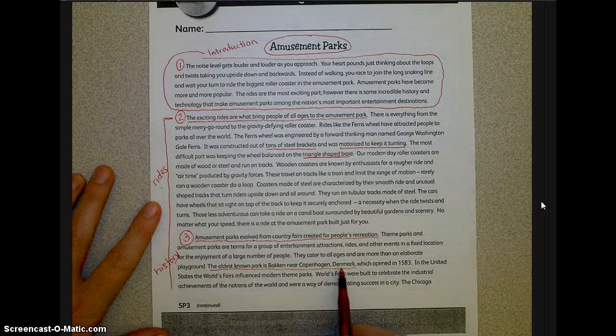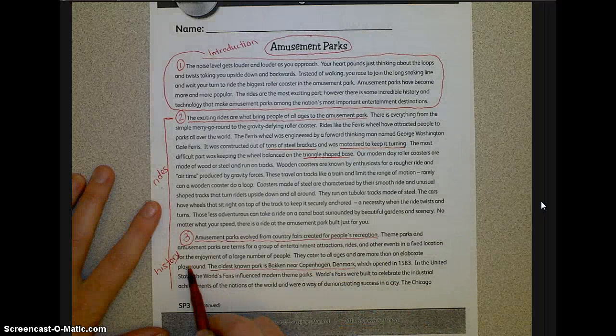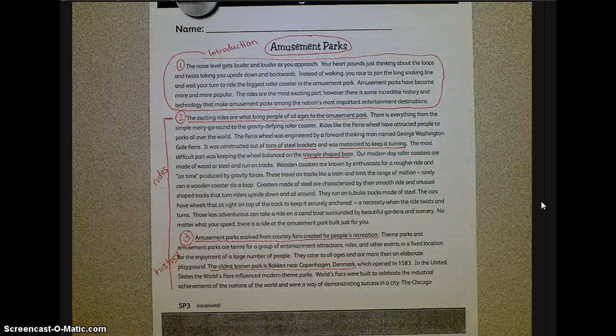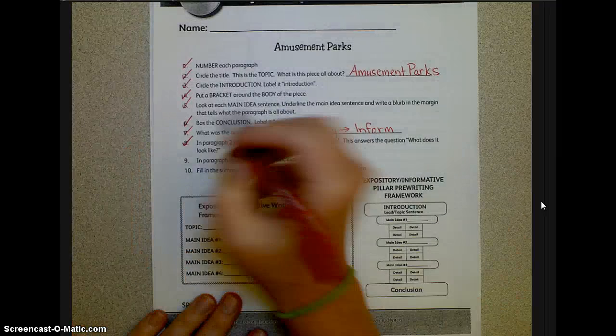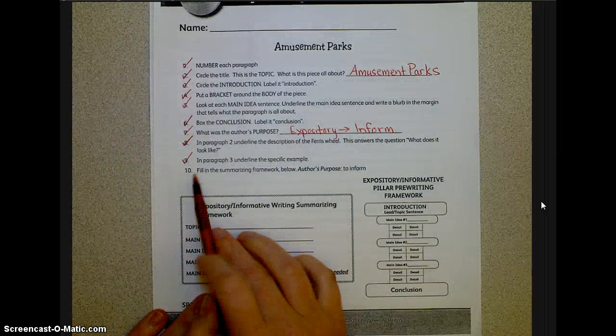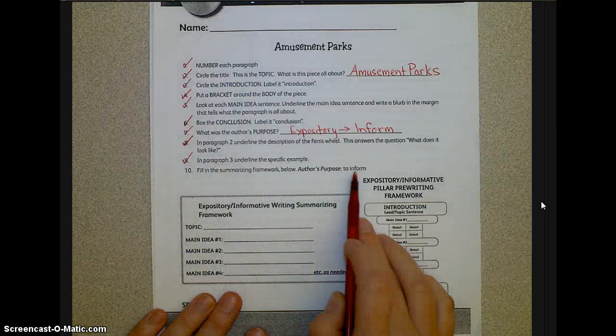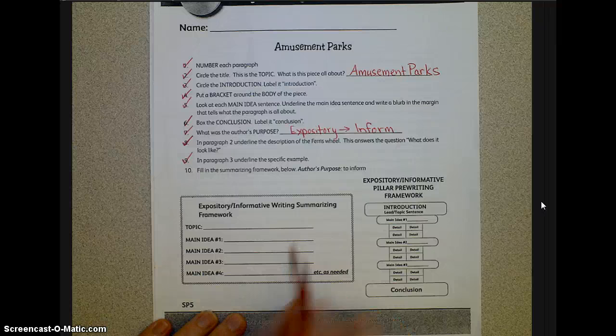That is a specific example of an old amusement park, the history. Okay? Got it. Here we go. Check it off. Number 9. Number 10. Fill in the summarizing framework below. Author's purpose: to inform. And this is what we're going to do tomorrow in class.